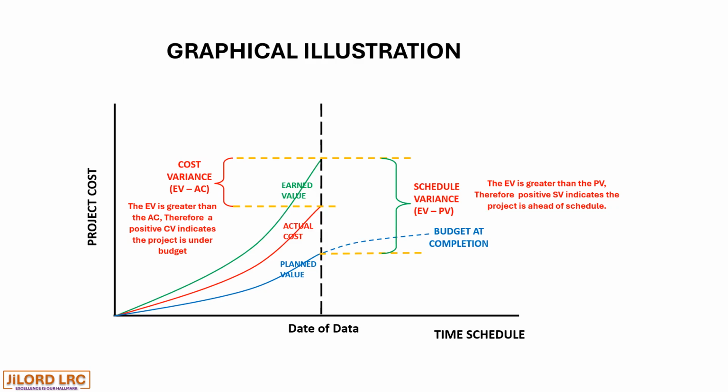And when the earned value in all the cases is lower than the actual cost and the planned value, it means the project is suffering either in terms of cost or in terms of time or in terms of both. And therefore, in those cases, you can fast track or you can crash the project in order to get it completed within the specified duration.